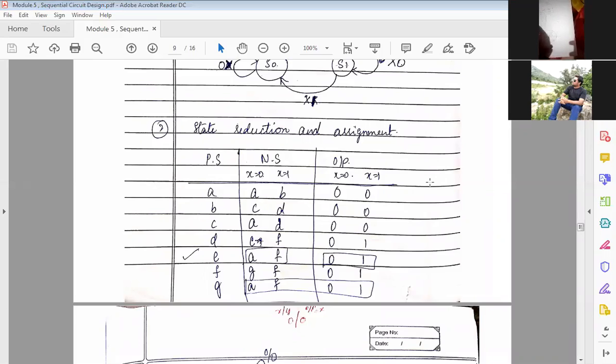And when we are at D and the input is 1, we get F here.